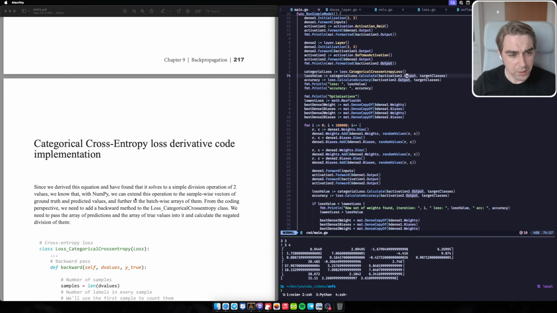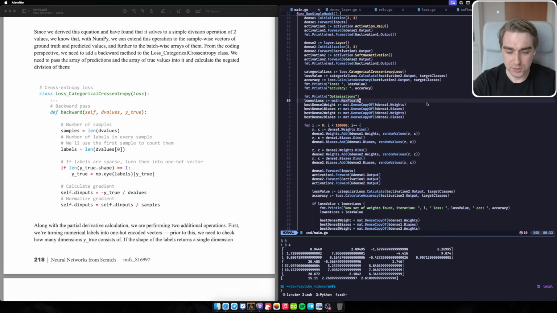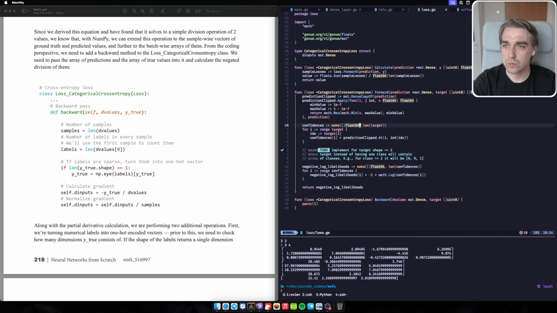From the coding perspective, we need to add a backward method to the categorical cross entropy loss class. We need to pass the array of predictions and the array of the true values into it and calculate the negated division.